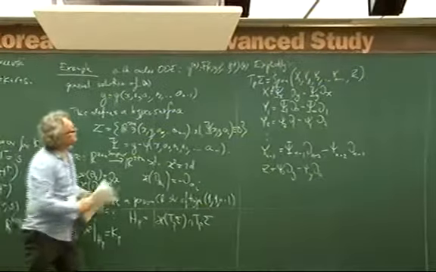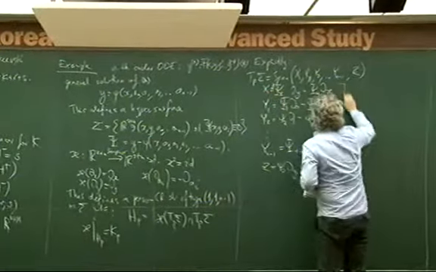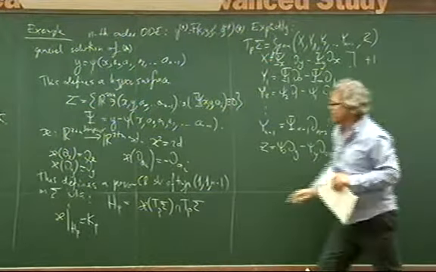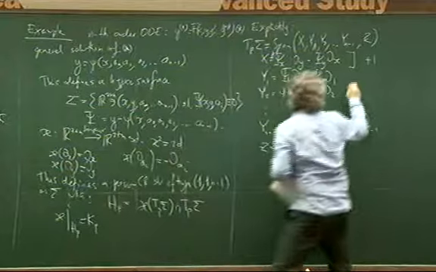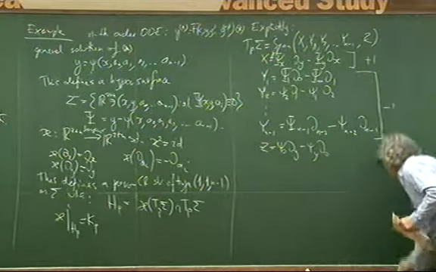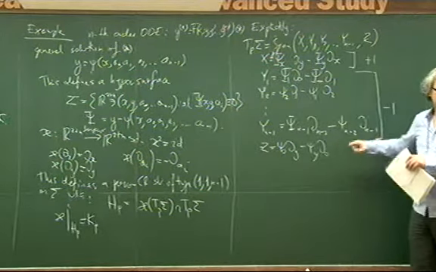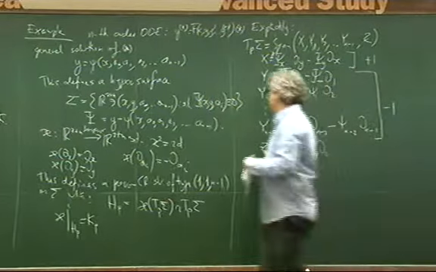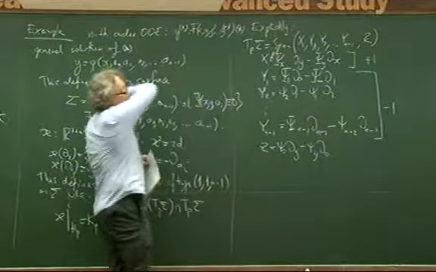Because my kappa is defined in such a way, you see that this has eigenvalue plus 1 of this K, and this has eigenvalue minus 1. And this is just killed by kappa, so it goes away.